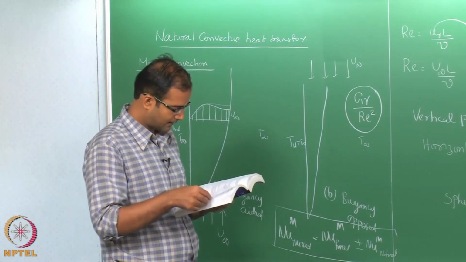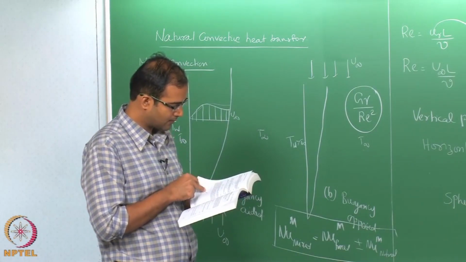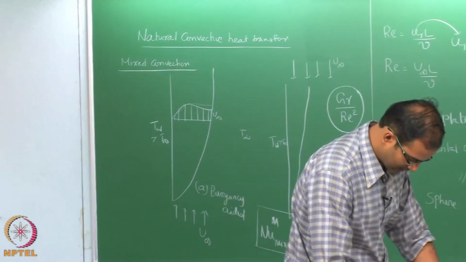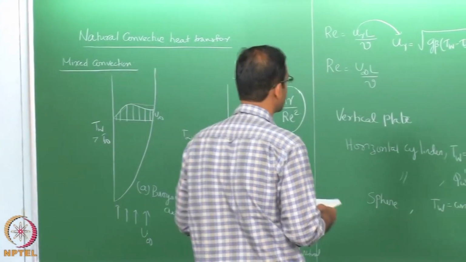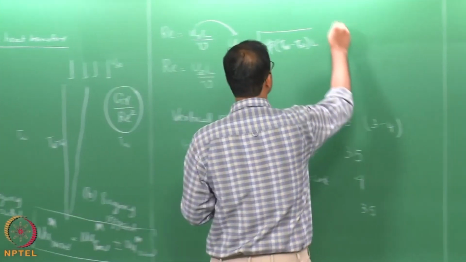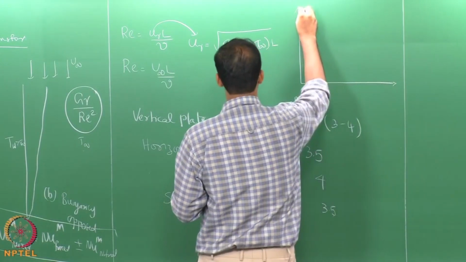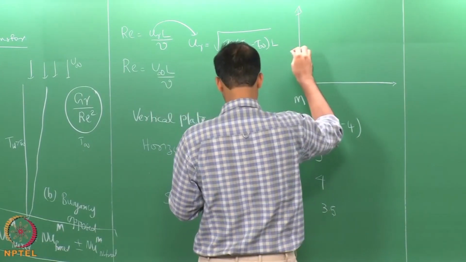Okay. So, now what we will do is, I will also give a representation of how the Nusselt numbers might probably look in the buoyancy assisted case.